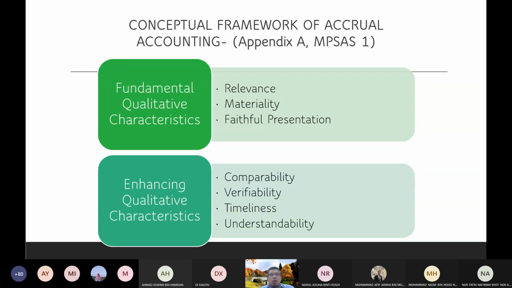Nowadays I talked to a few partners, and that's the answer they give: complying to the standards is the main thing.